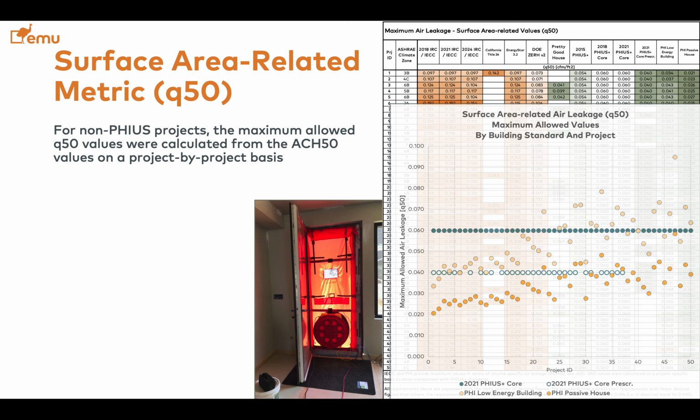You see some are missing because FUSE prescriptive has the requirement for the surface area per bedroom. And then you have the surface-related converted values for PHI passive house in dark orange and the PHI low energy building in light orange. And you see that in general, PHI passive house is more stringent than FUSE, both of them. And the low energy building kind of depends on the size.